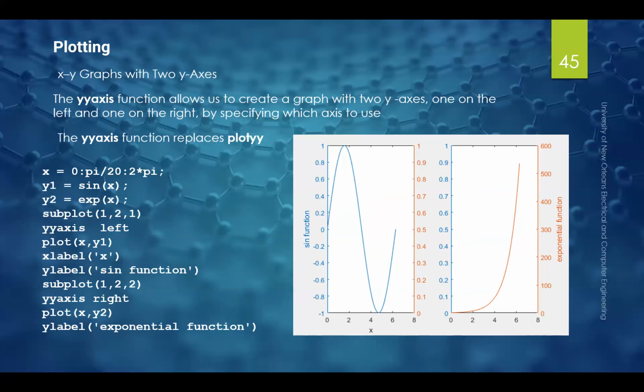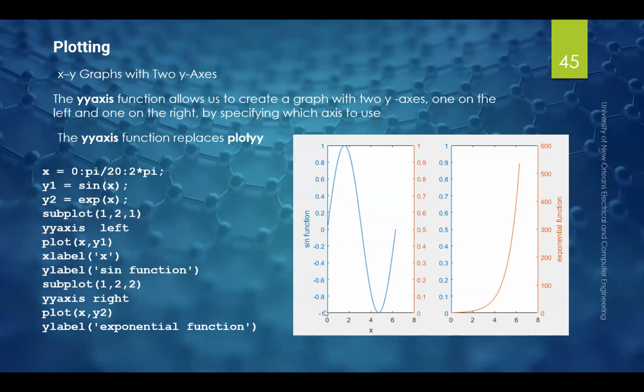In order to use yyaxis, I'm going to tell it where to go. So yyaxis left tells the command to put the axis on the left, and then I say plot x, y1. So y1 is this, and I'm labeling the y-axis, which is shown right here, as sine function, and it puts the axis on the left.